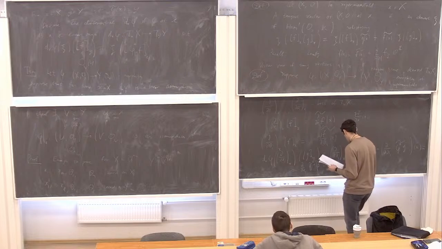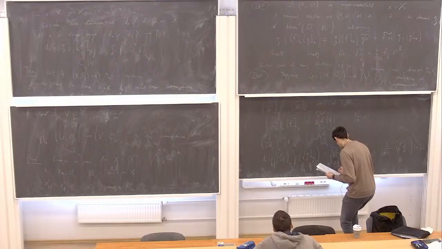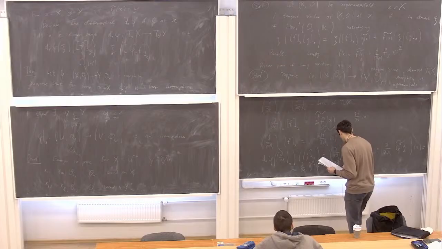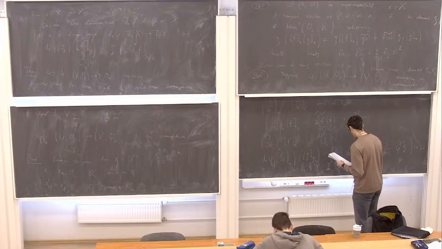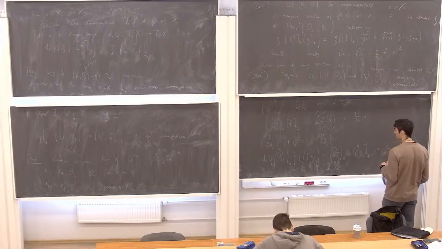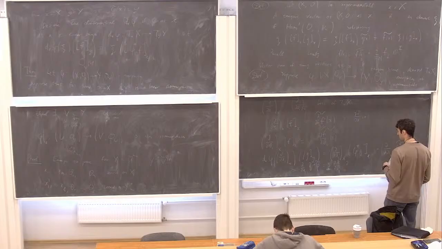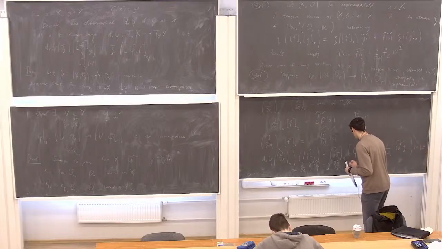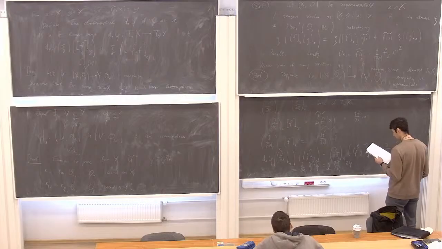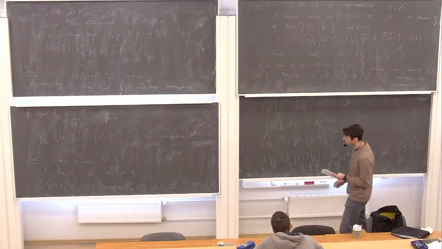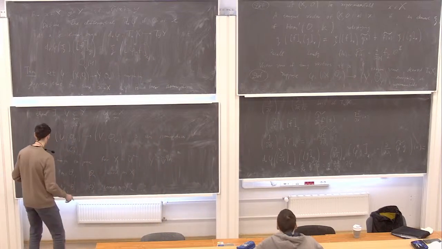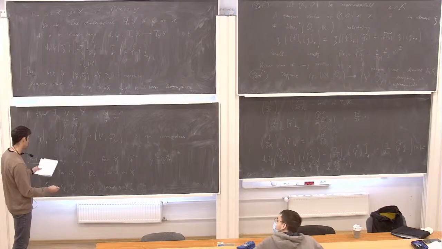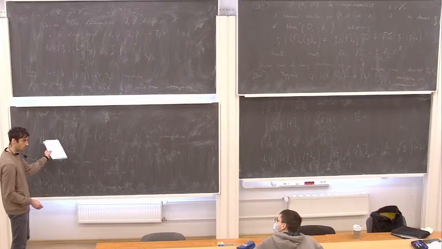G prime times d phi. So phi actually sends, well, phi is from here to here, and phi sends x prime to something inside here, right?